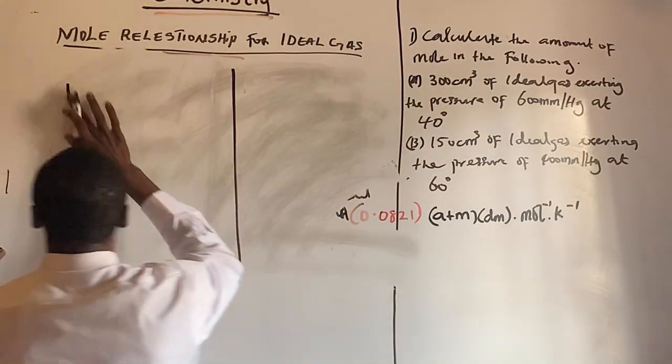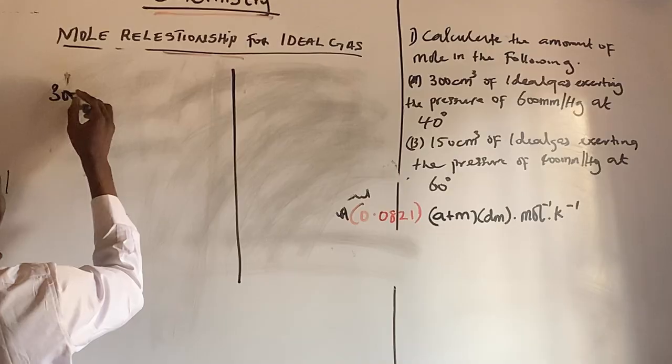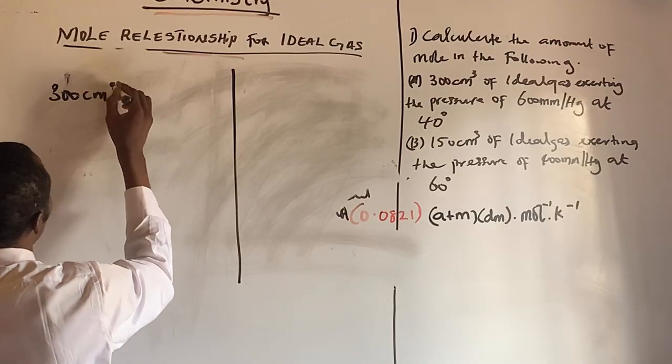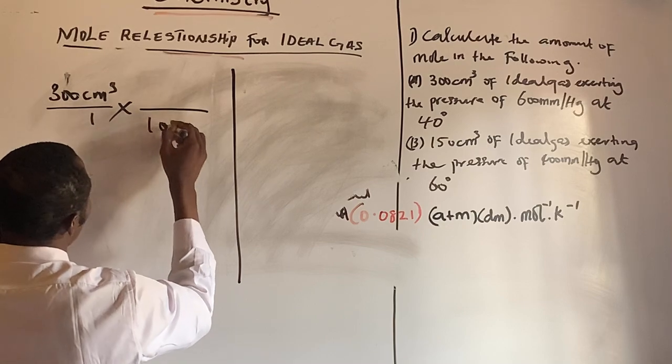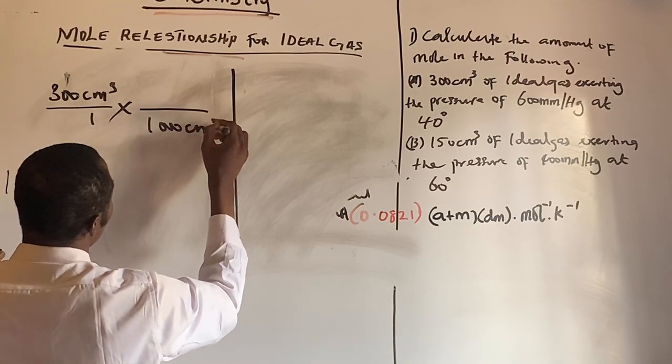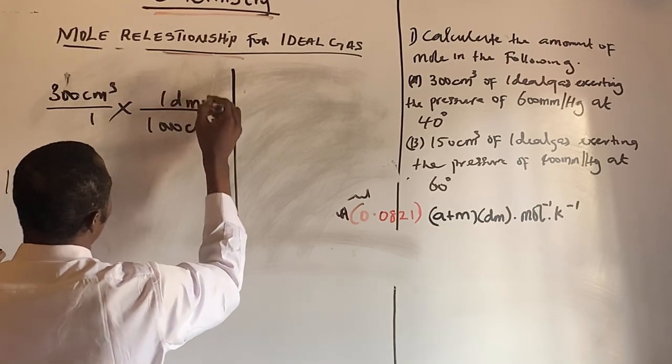We're starting with 300 cm³, divided by 1, times 1 dm³ over 1000 cm³.